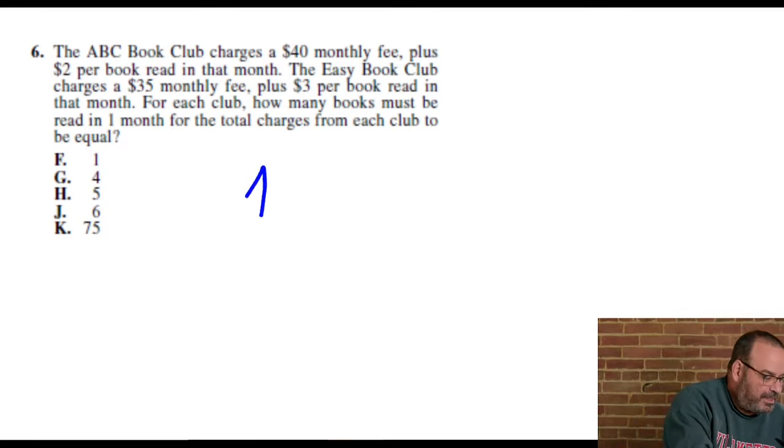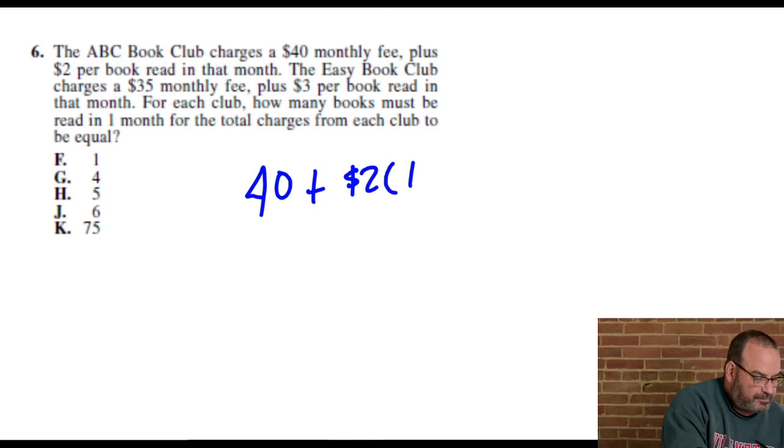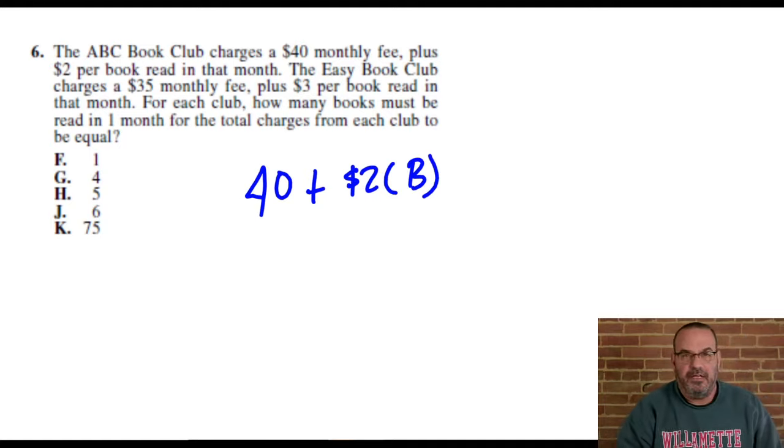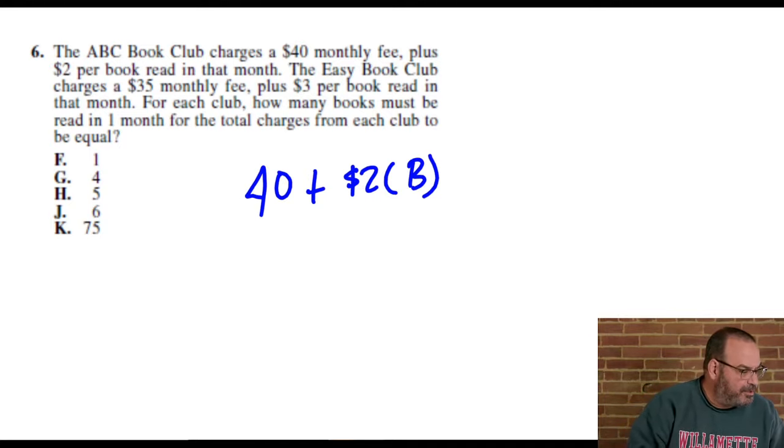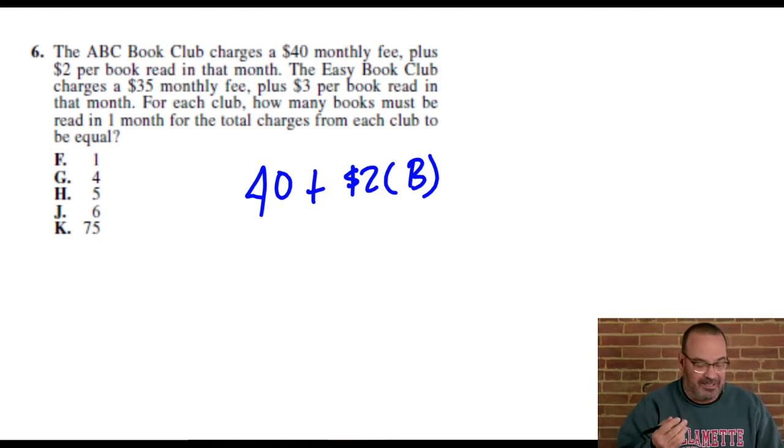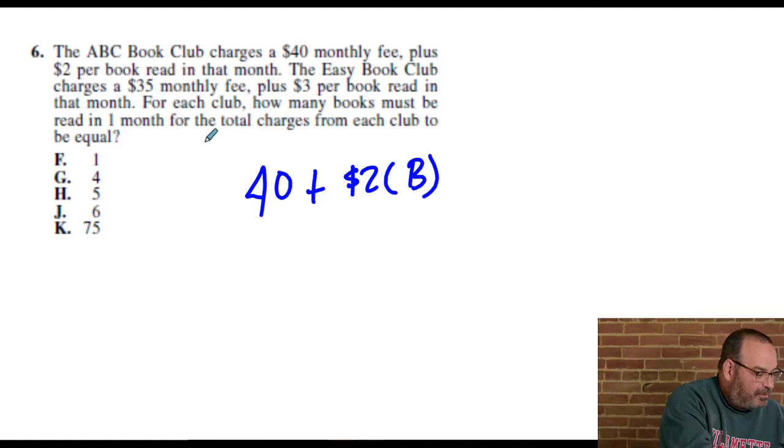So it's $40 plus $2 per book. We'll use B as our variable. For each club, how many books must be read, and what's that? How original. I like to use the letter of the thing they're using. We could have thrown an X. Some students have to use an X. How many have to be read in 1 month for the total charges to be equal?